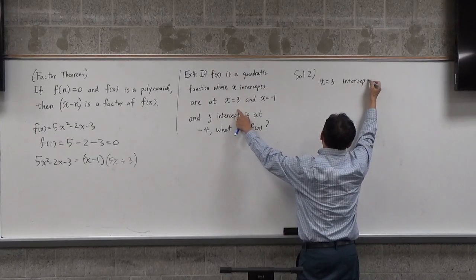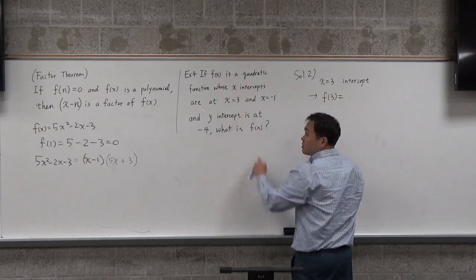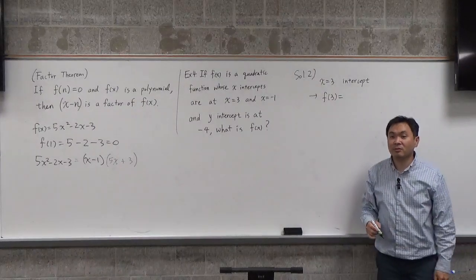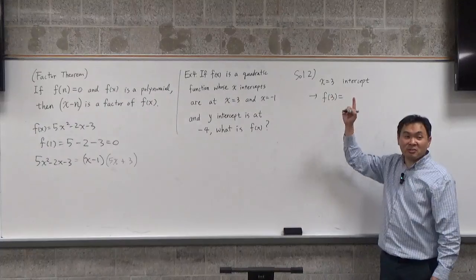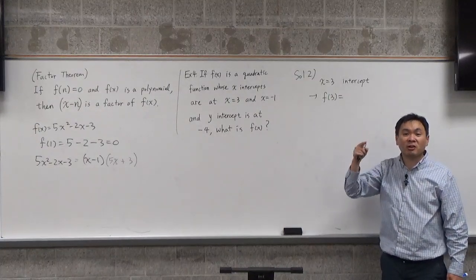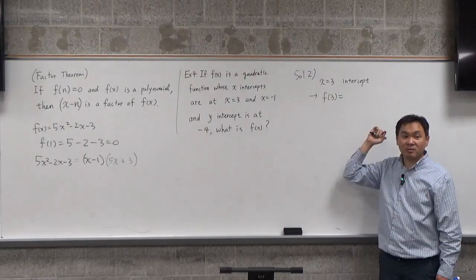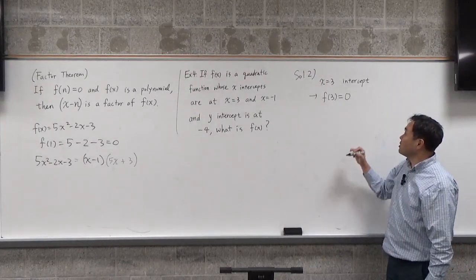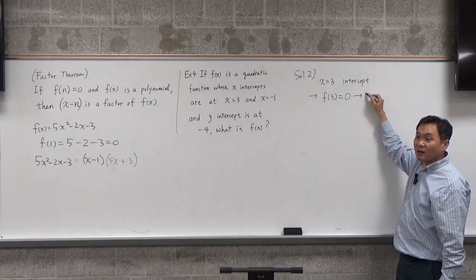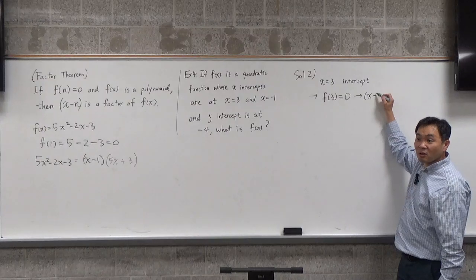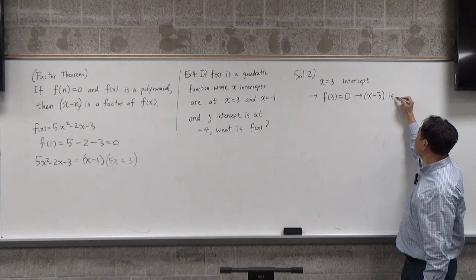If x equals 3 is an intercept, that means f of 3 is...? x equals 3 is an intercept means (3, 0) is a point on the graph. Isn't that right? So f of 3 is 0. Now, if this is true, what does the factor theorem say? x minus 3, where n is 3, is a factor.